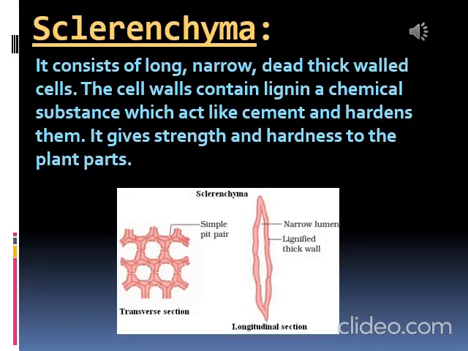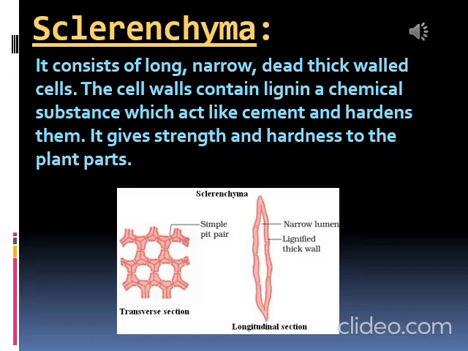The third type of permanent tissue is sclerenchyma. It consists of long, narrow, dead, thick-walled cells. This type of tissue is dead; the others are both living in nature. Their cell walls contain lignin, a chemical substance which acts like cement and hardens them.